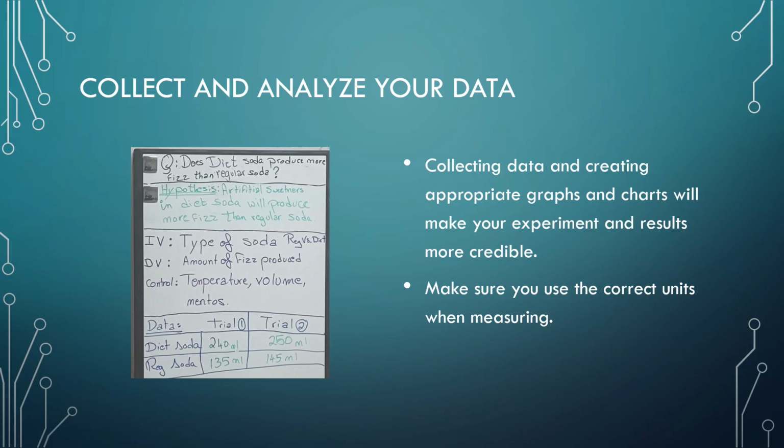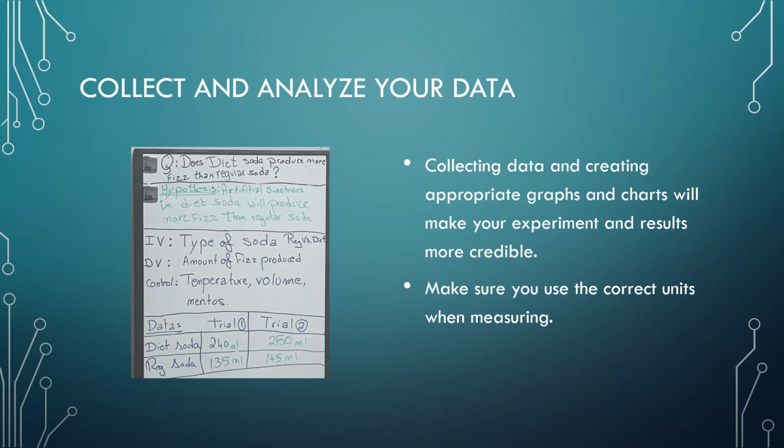Now, if I am measuring the height of the fizz, then I am going to have different materials in my materials collected, and in the procedure I'm going to say that I'm going to be using, for example, measuring tape for the height.